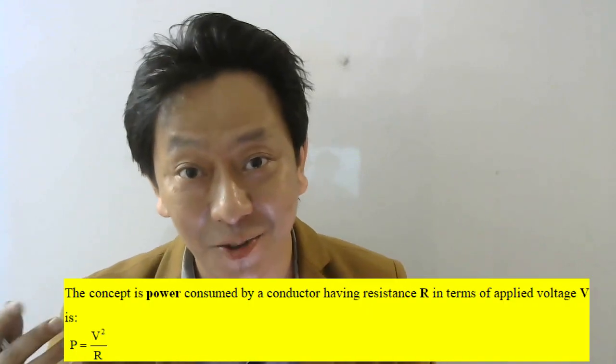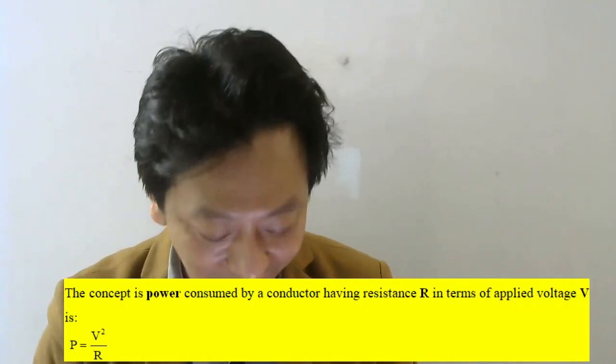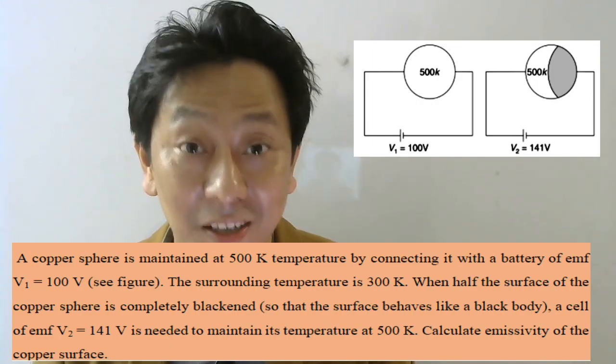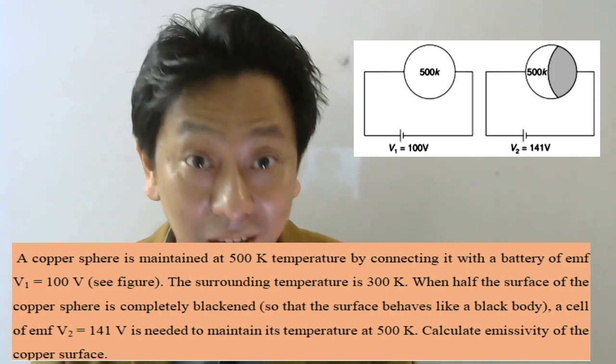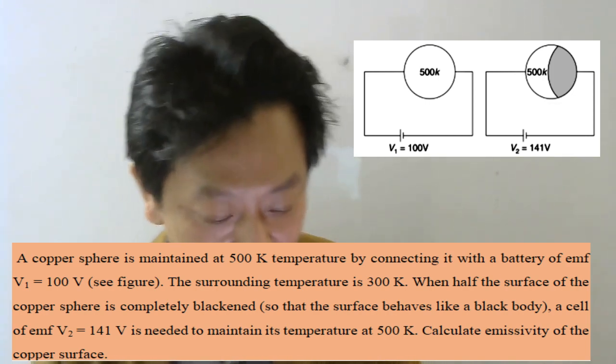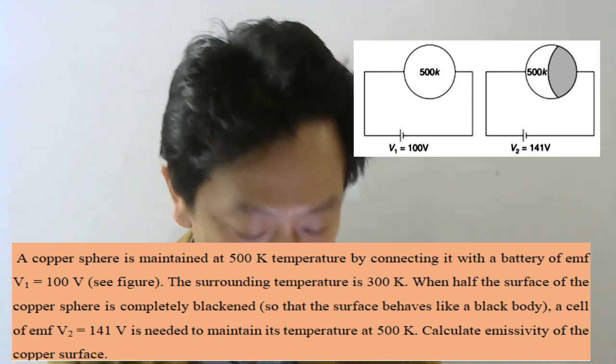Let's see a very interesting question where first PU concept is combined with either you can say class 10 concept or class 12 concept. So it says a copper sphere is maintained at 500 Kelvin temperature by connecting it to a battery of EMF 100 volt. The surrounding temperature is 300 Kelvin.